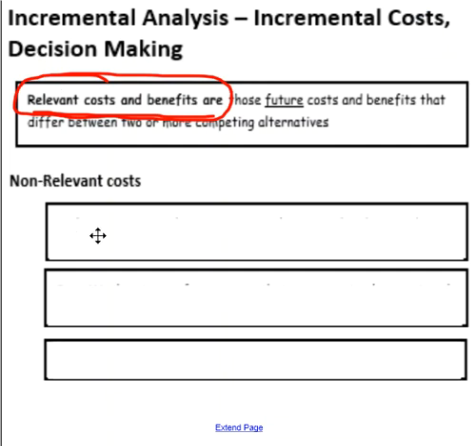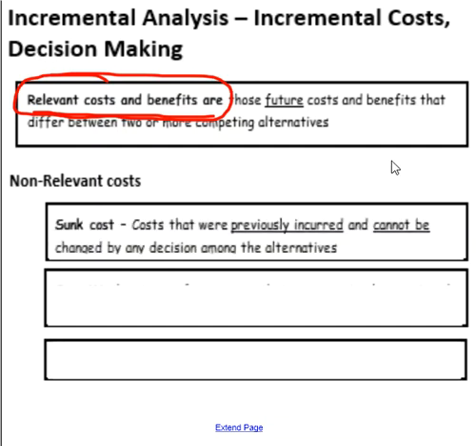Now, we can also identify certain costs that are not relevant costs, or that are never relevant costs. So first of all, the concept of what we call a sunk cost. You're going to hear this concept a couple of times in the Chapter 21 presentation. This represents costs that have been previously incurred. We've already spent the money on them, and they cannot be changed by any decision among the alternatives.